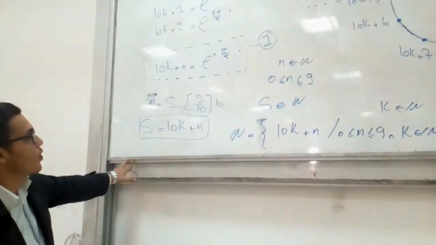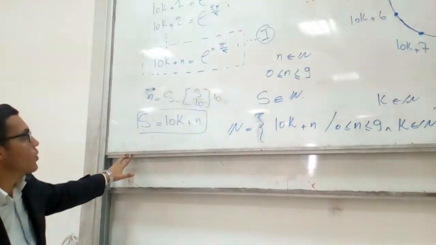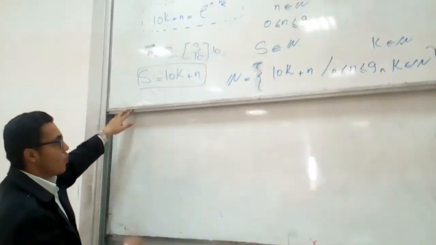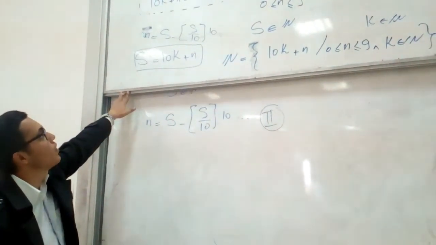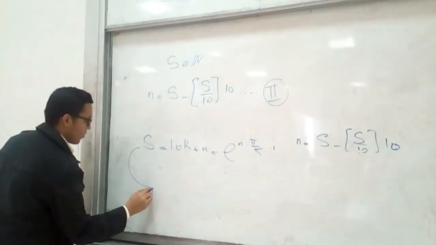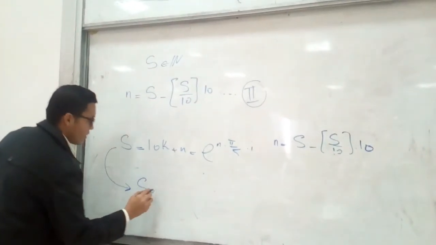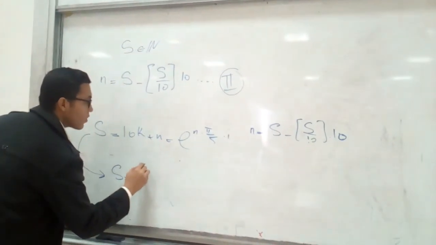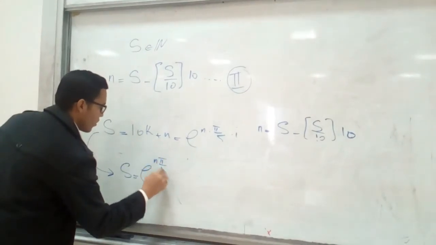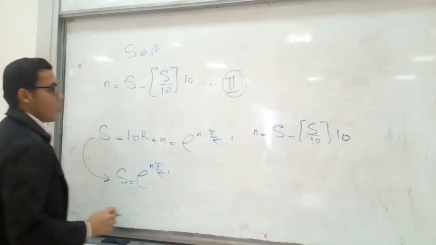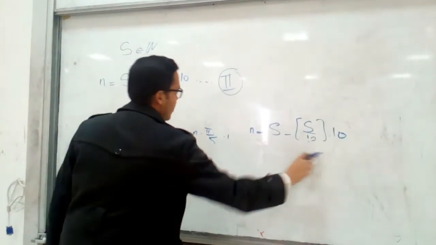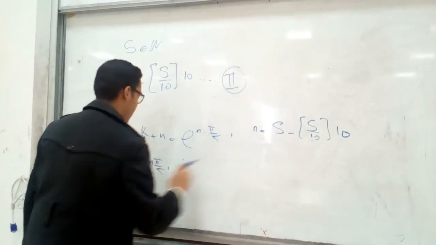So now we have 3 relations, and all we need to do is connect all of those relations and get one simple relation. We can conclude from this that s is equal to this. And we already said that n is equal to this, so we can put n over here.